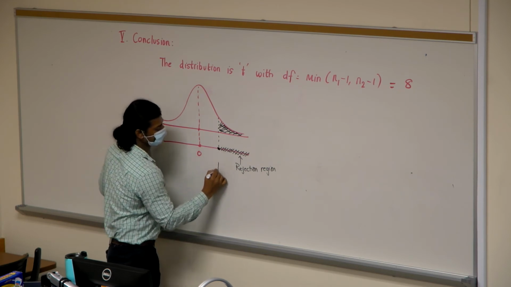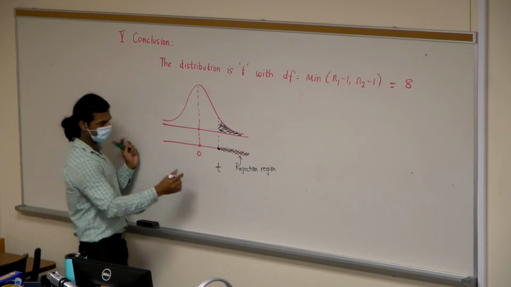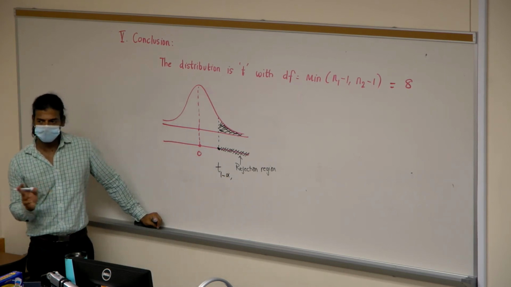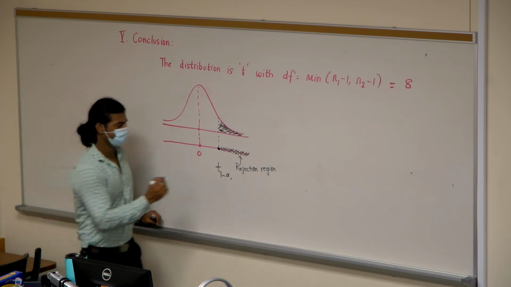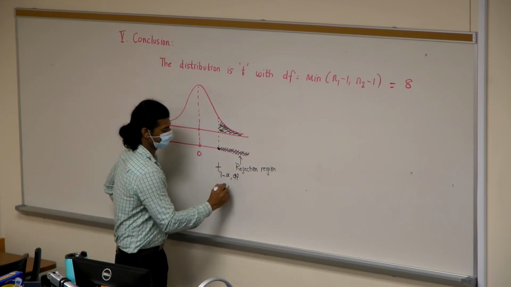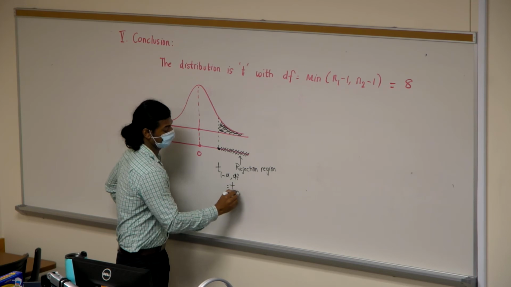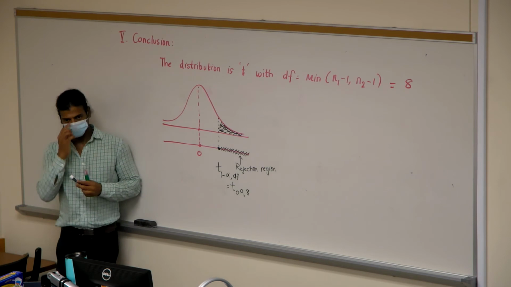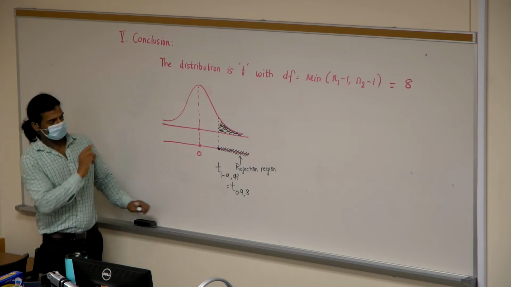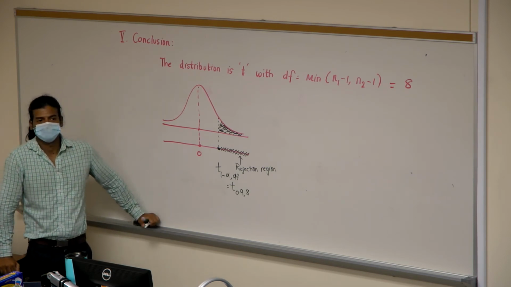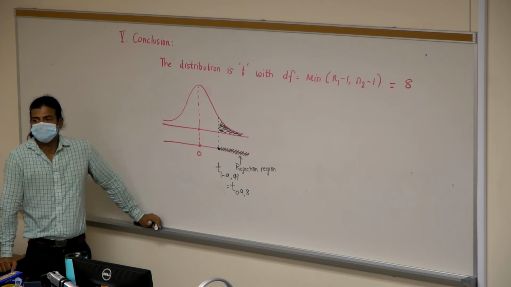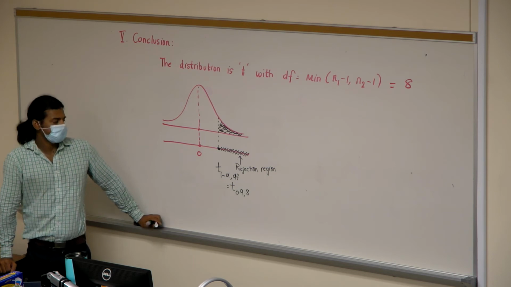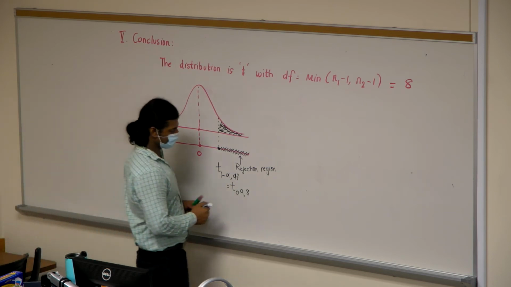In this case, it is T, and the area below, 1 minus alpha. We don't divide it by 2 because this is not a two-tailed test. And df. How do we find that critical value? What function to use? Inverse T. So go ahead and plug in inverse T and tell me what you get.